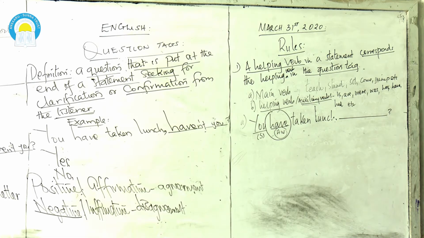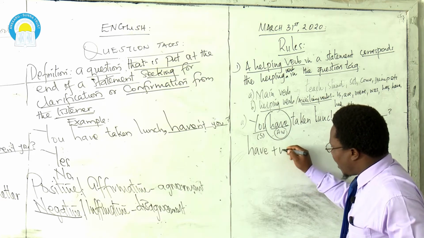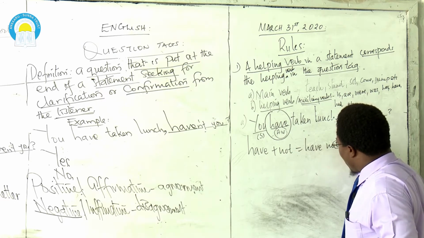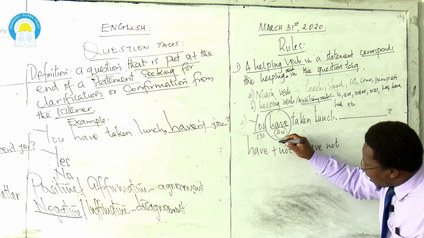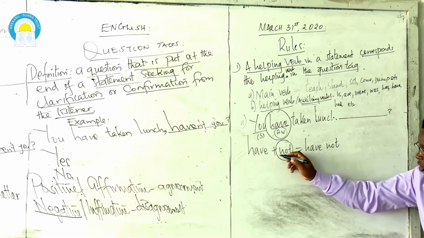The negative form of have is have not, because we shall make this verb negative by introducing not.